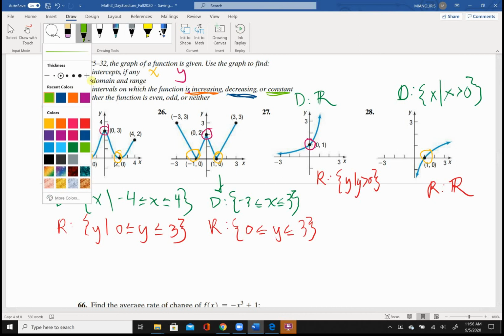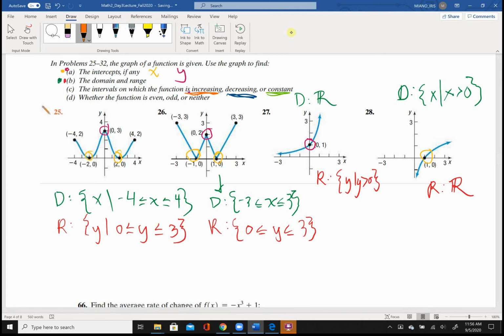Okay, so where is it increasing? For number 25, it appears to be increasing here and there. So you can note the intervals accordingly and make sure that they are closed intervals. The entirety of this trajectory seems to be increasing. Same here. Always going to be going up as far as the x value is concerned.